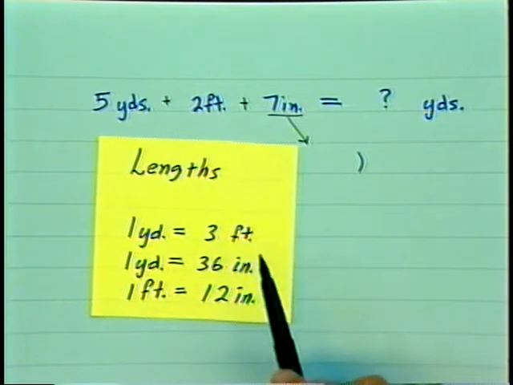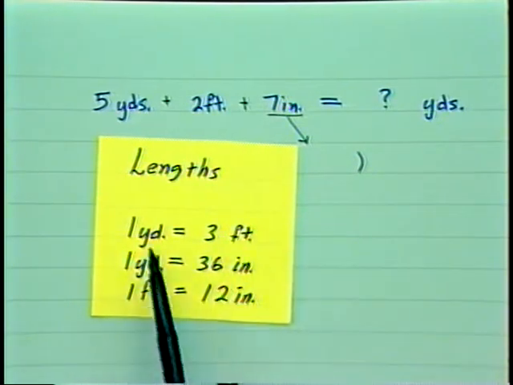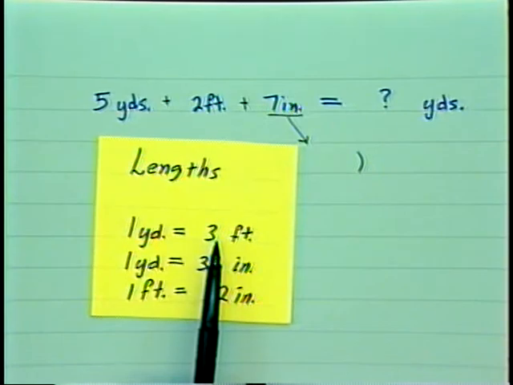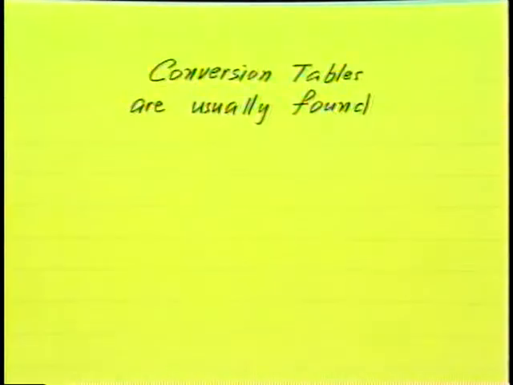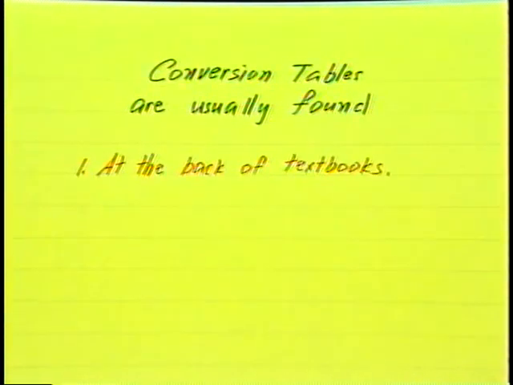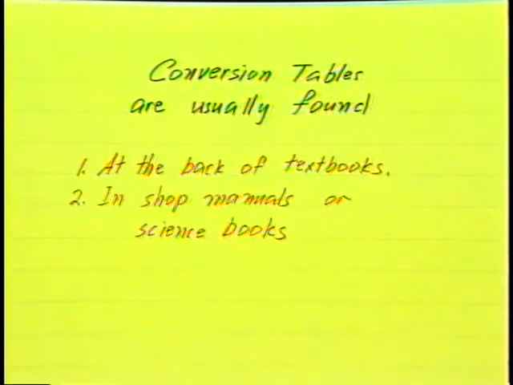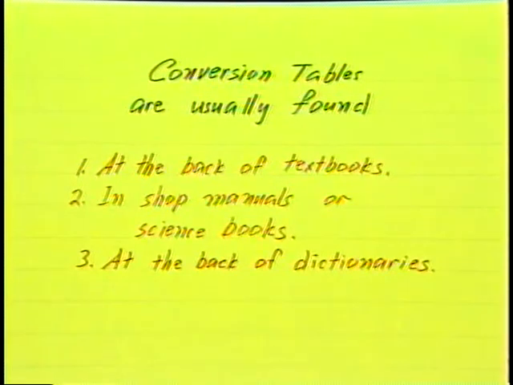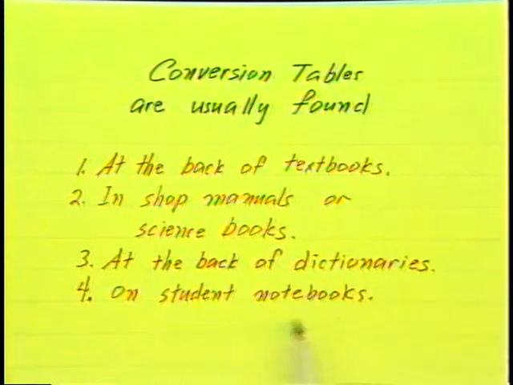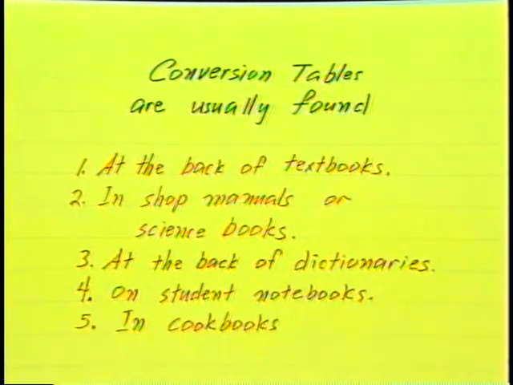And if you don't have one readily available, know that tables of conversion values are usually found at the back of textbooks, in shop manuals or science books, at the back of dictionaries, particularly collegiate dictionaries almost always has it, on student notebooks, particularly the peachy folder notebooks, in cookbooks, and so on.